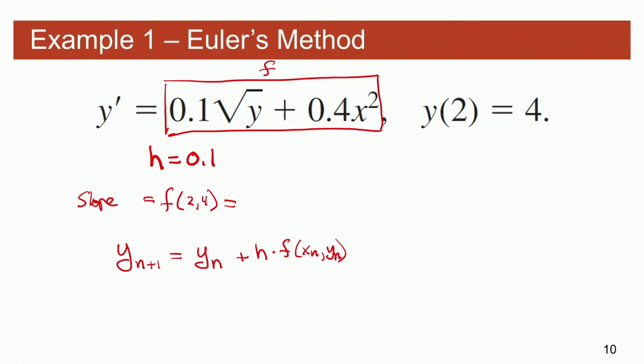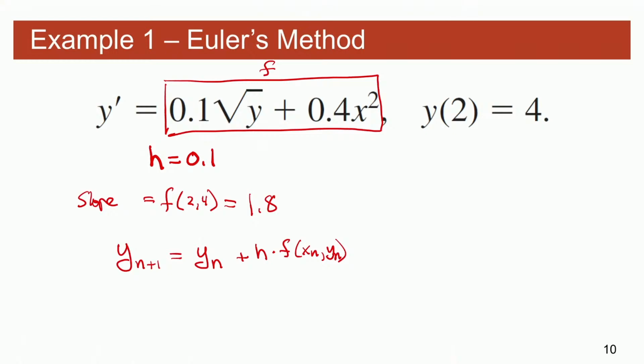I think you left the decimal off. Yeah, 1.8. Very nice. So it's just 0.1 times the square root of 4, plus 0.4 times 2 squared. That's what she did. Very nice.